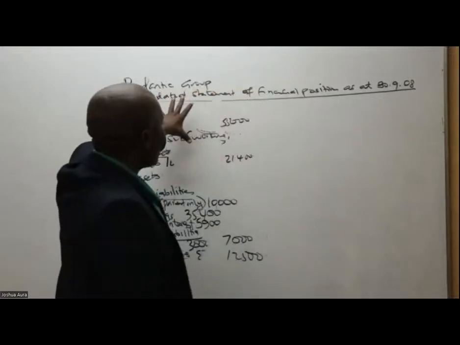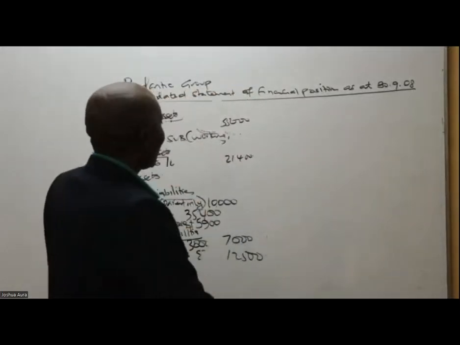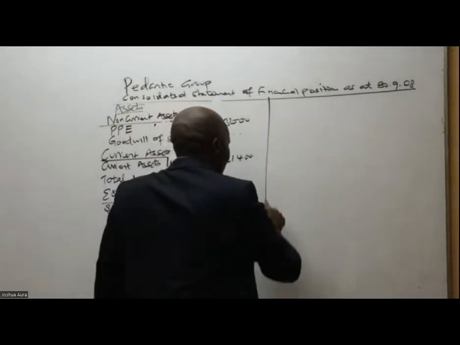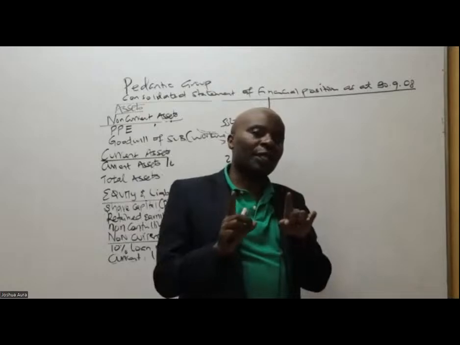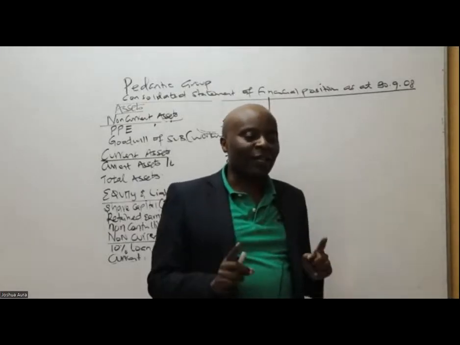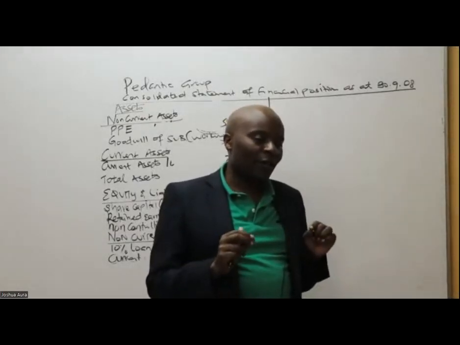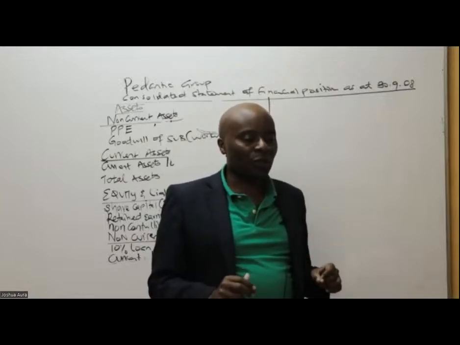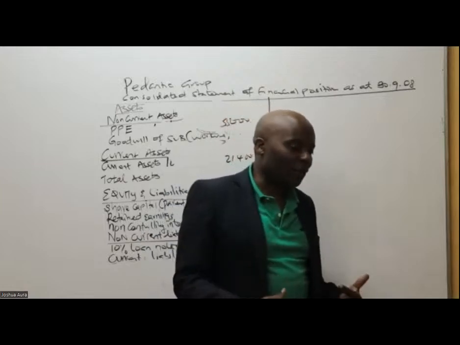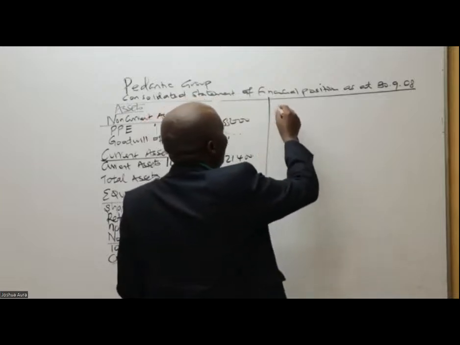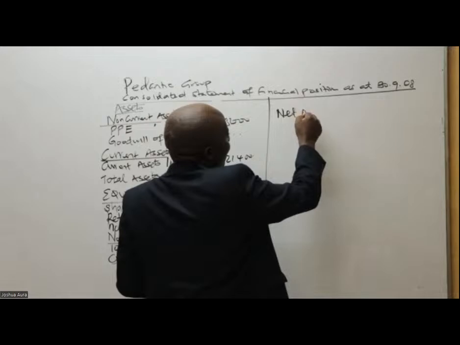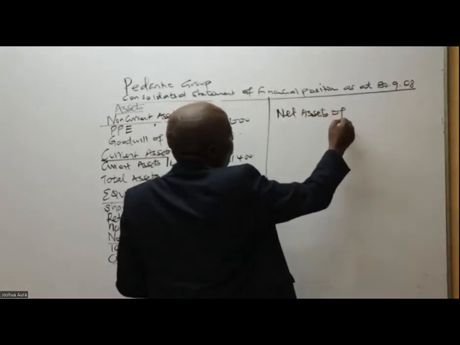So after I have done all this, the next thing I will come here and look critically at my subsidiary. These subsidiaries that I acquired, was it really worth it, or did I waste my resources? And how do I assess the criticality of my subsidiary? Ladies and gentlemen, it is to look at the net assets of the subsidiary.